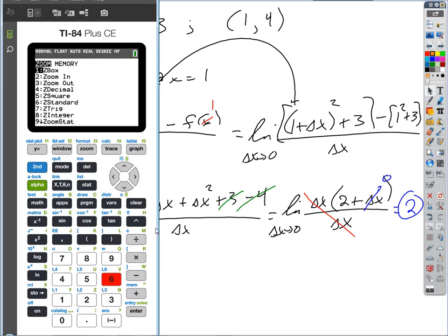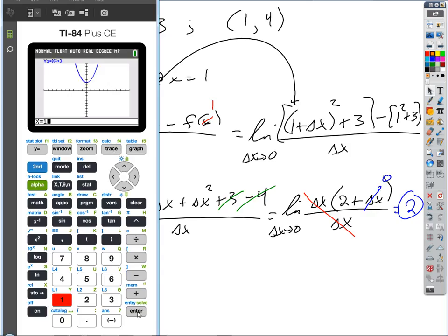If I go trace 1, there's the point, x equals 1, y equals 4.